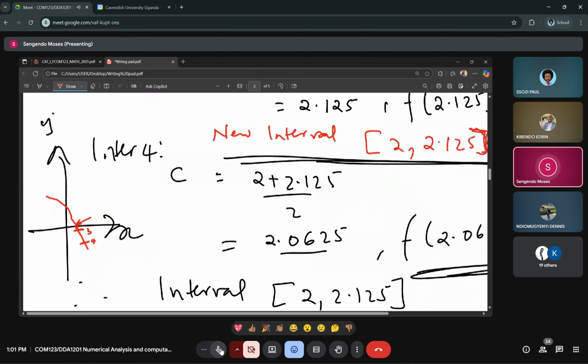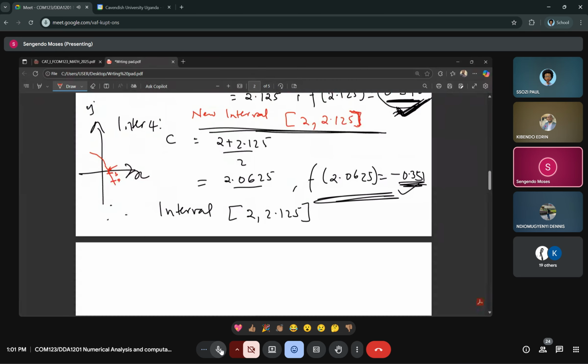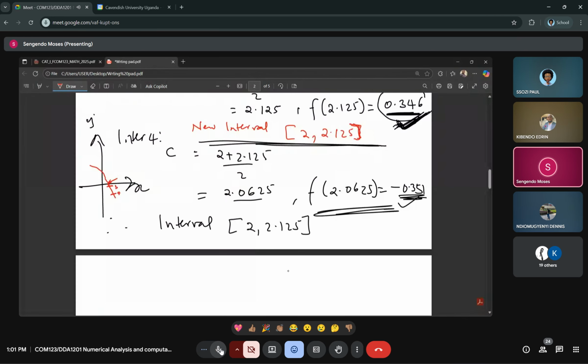So if you're given a chance to pick between a positive 0.346 and a negative 0.351, the negative one is also far away from the root as compared to the one which is positive.